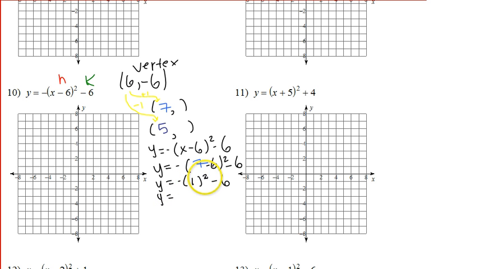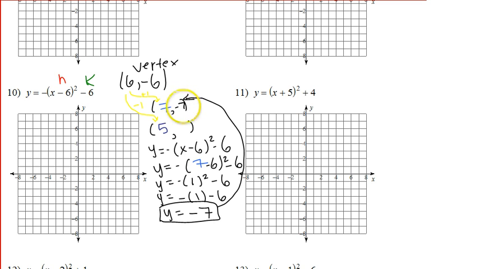So 1 squared is 1, so this is negative 1 minus 6. And negative times 1 is a negative 1. So right here we have negative 1 minus 6 is negative 7. So this number that we get will go inside both parentheses, negative 7, and it will also go inside that one, negative 7.